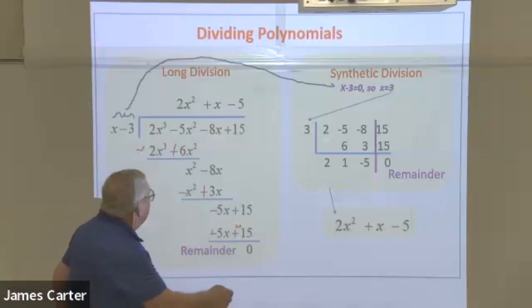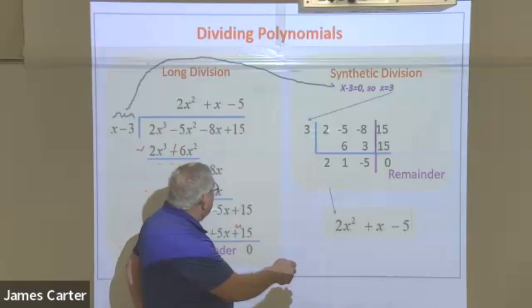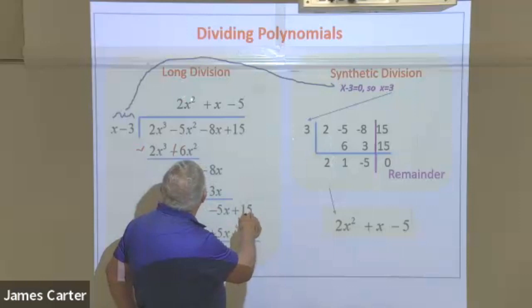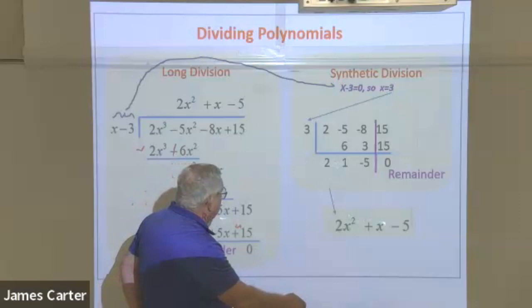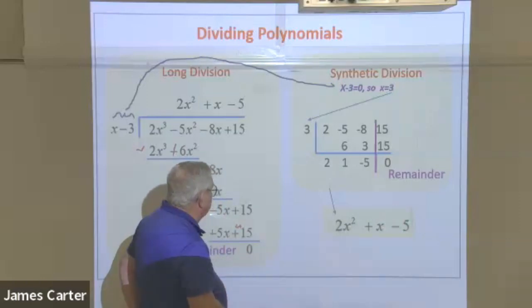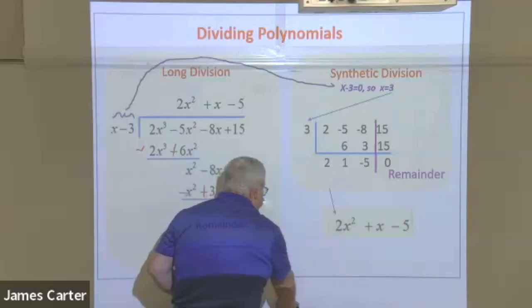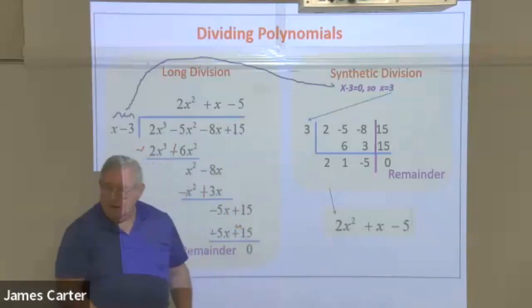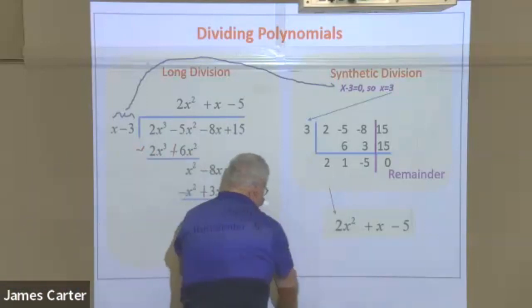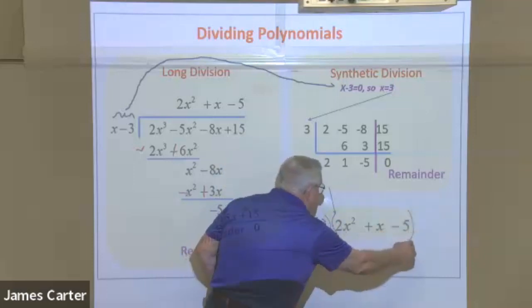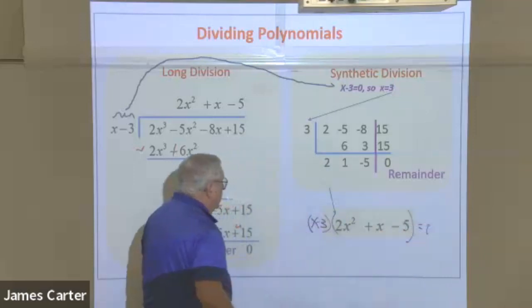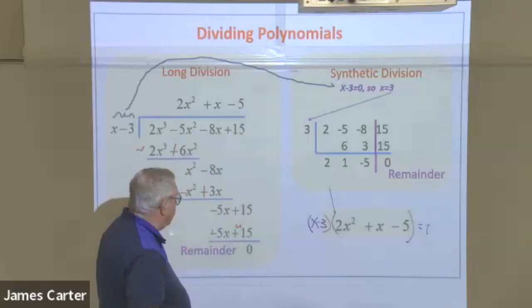Over here in the synthetic, we divide it, and we put the x's back into this. We're dropping from starting with a cube, so these become a square, which gives us this equation. So this means we've got x minus 3 times that equals 0 for our polynomial factoring.